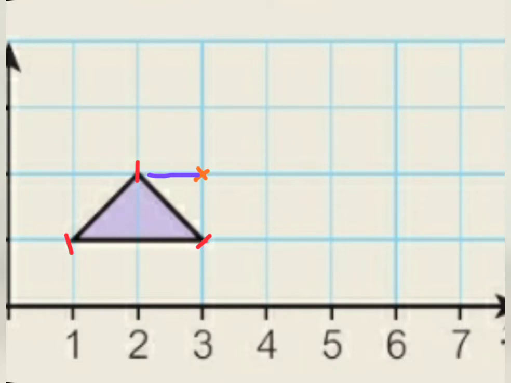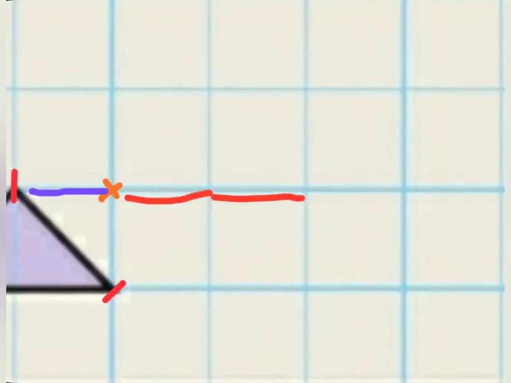But in the other direction. So in this direction, we go 1, 2. And this is the meaning of having a negative scale factor. It means you're going to go to the opposite side. And then you put your point. So this is the new point here.